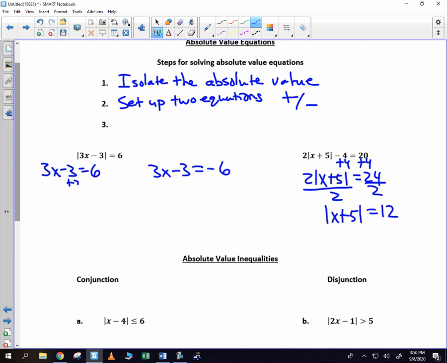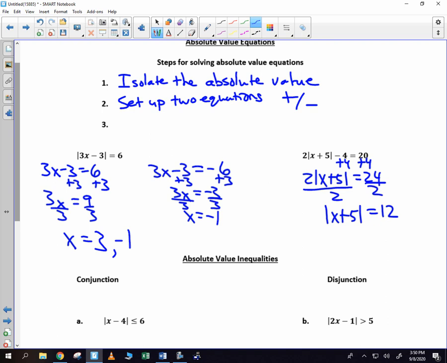If I add the 3 to both sides, I get 3x is equal to 9. Divide by 3, I get x is 3. In the other situation, I add 3 to both sides, I get 3x is equal to negative 3. Divide by 3, x is negative 1. So 3 and negative 1 are your 2 solutions.